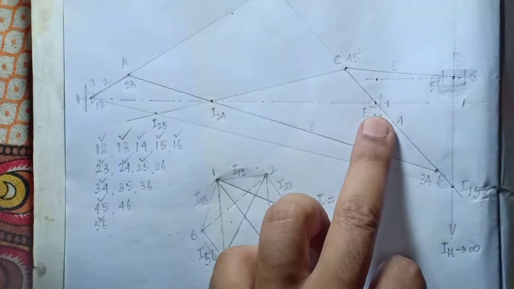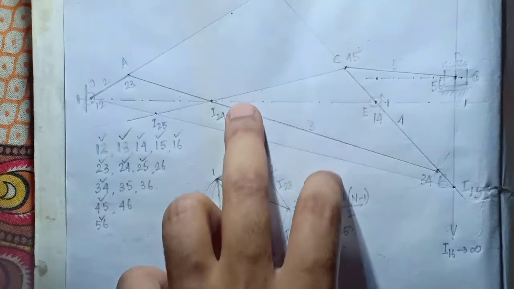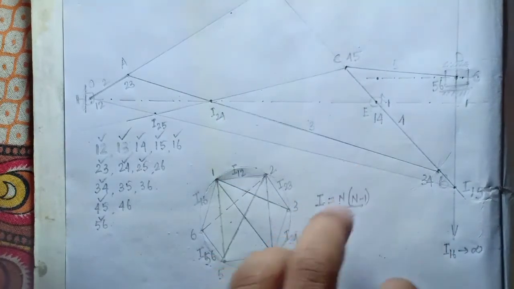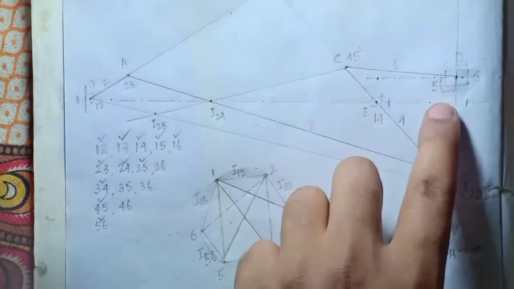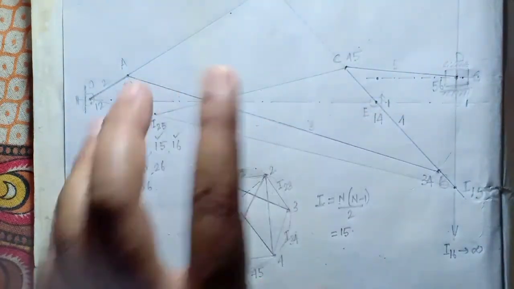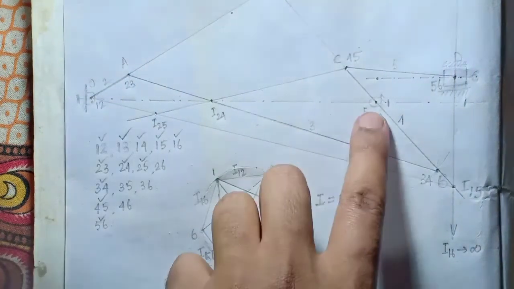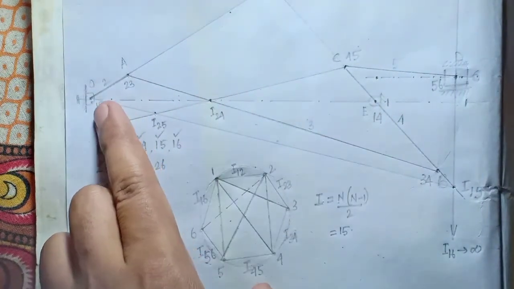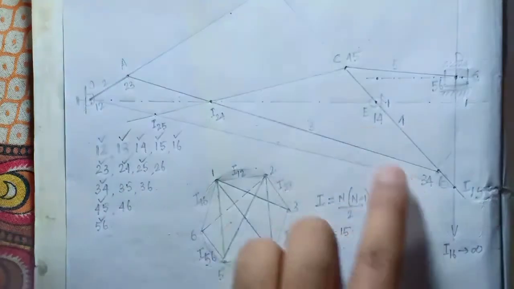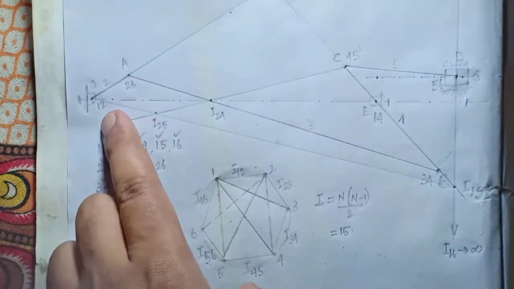If there were 5 fixed points, we would be able to draw this instantaneous center line of the slider from each of the 5 points. We are having only 2 fixed points, so we can draw this line from this point also and from this point also.